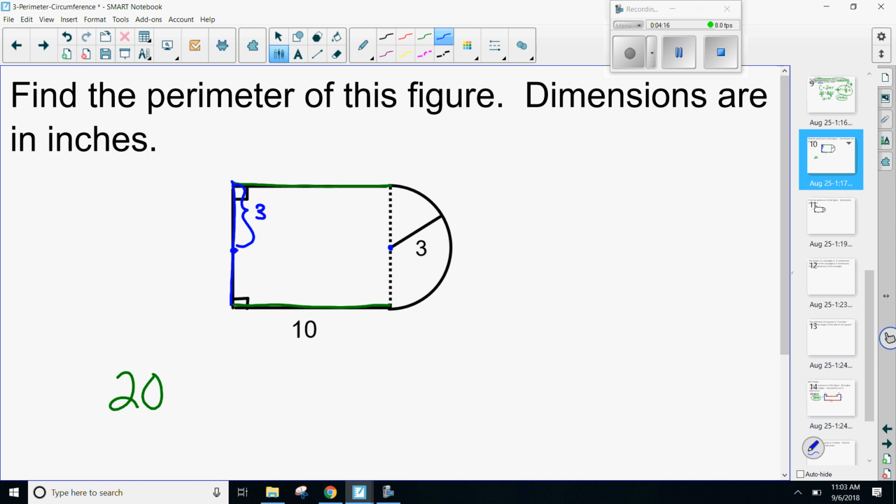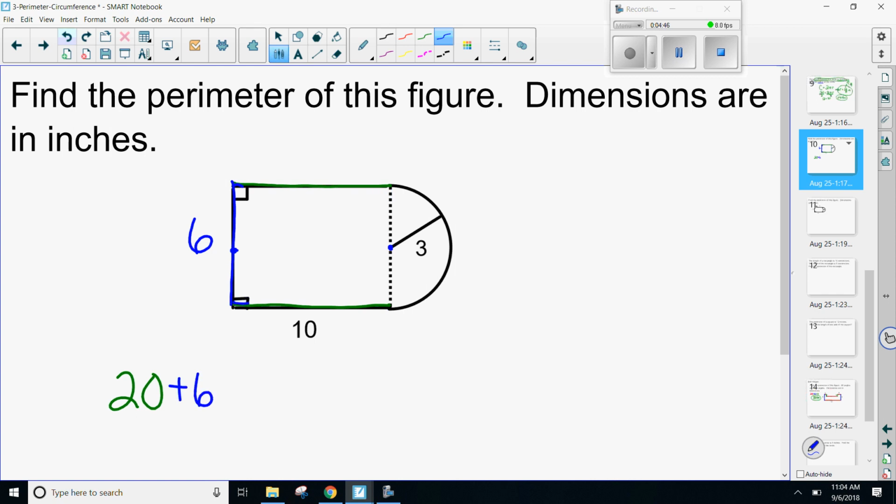And what's the distance here? 3, which gives you a total of 6. The full length is 6, which is the same thing as the diameter of the circle. So the diameter of the circle is going to be 6. Please do not add 6 from right here, because that's not on the outside of your figure. So we cannot add another 6. We only have 6 occurring once. So I'm going to add 6.